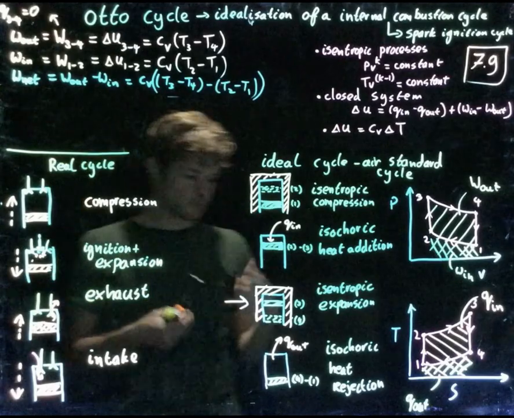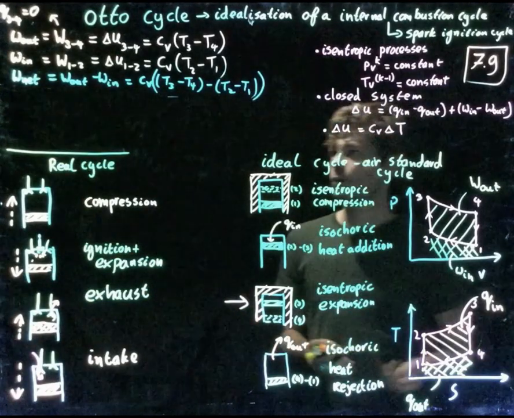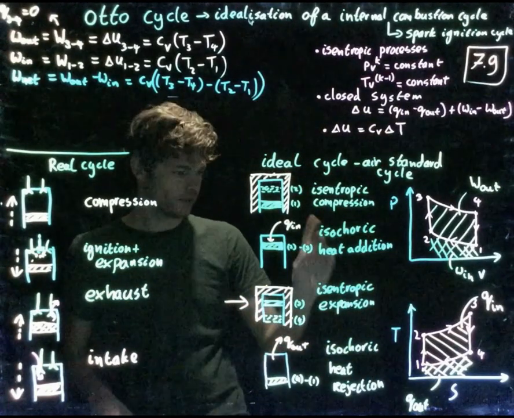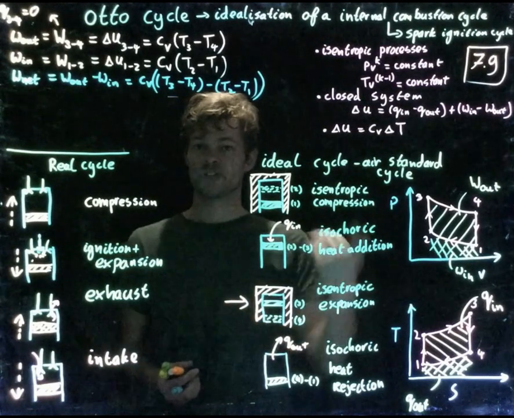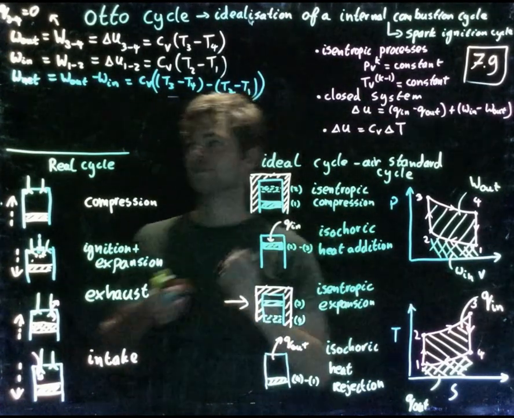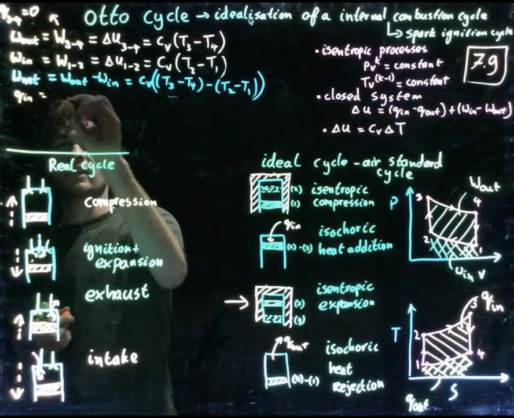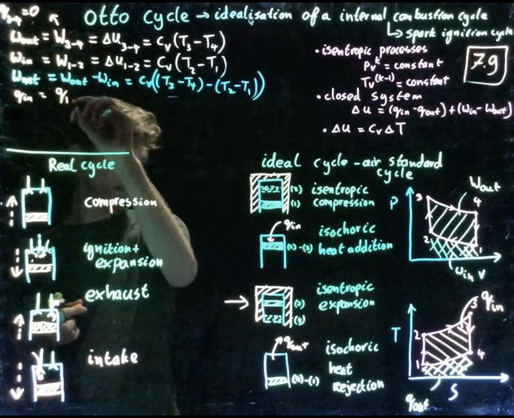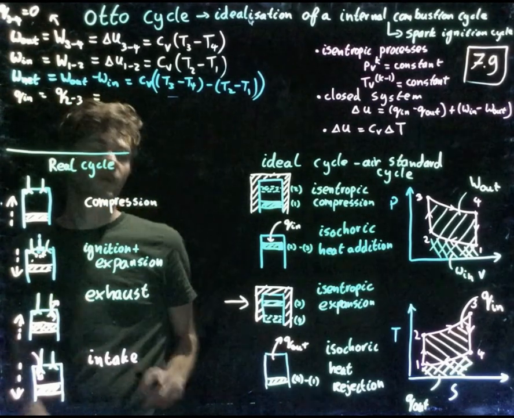Okay, so that's the net work, and when we would like to calculate the efficiency, we want to know the amount of energy we have to put into the system. That will be the Q in, the heat energy we add to the system. So Q in is actually equal to Q2,3.